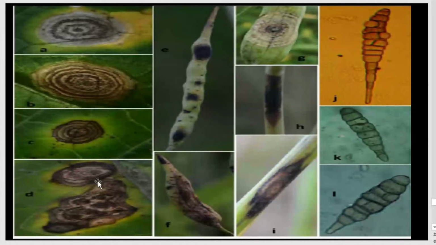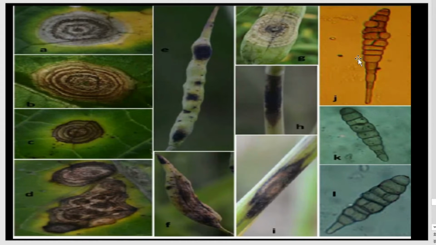But in case of infections due to Alternaria brassicae, the spots are smaller in size. They may be lighter in color, or sometimes in an advanced stage. So this is the typical symptom of Alternaria brassicae. These are symptoms of Alternaria brassicicola, and these are symptoms caused by Alternaria raphani. In case of raphani, generally a yellow halo is always associated.